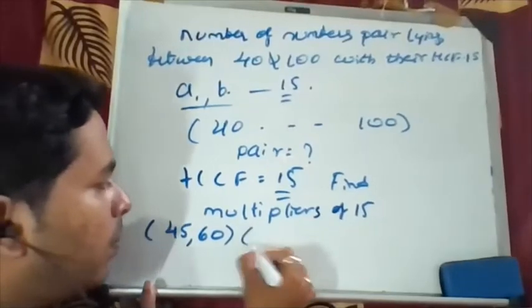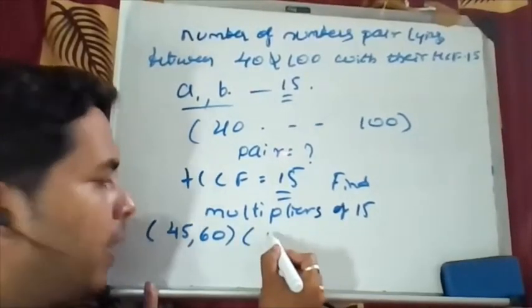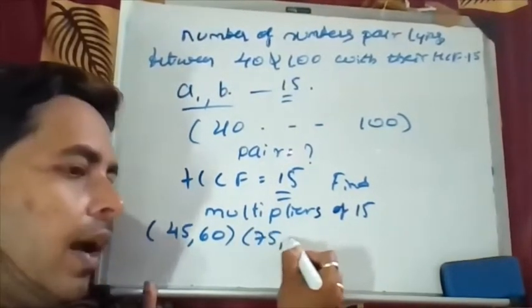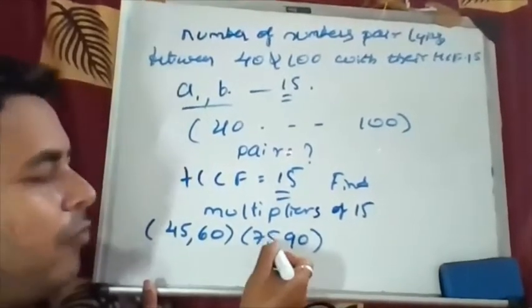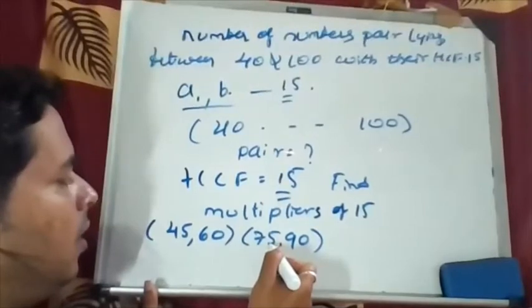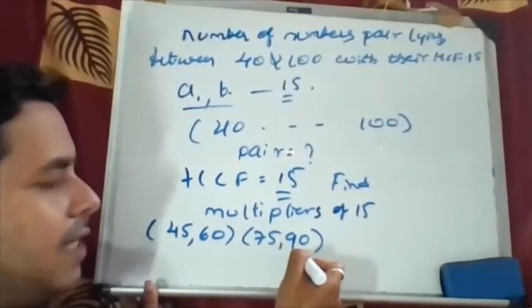Same way और एक pair find out करो. You'll get 75 and 90. So this is also one pair. 15 5s are 75 and 15 6s are 90.